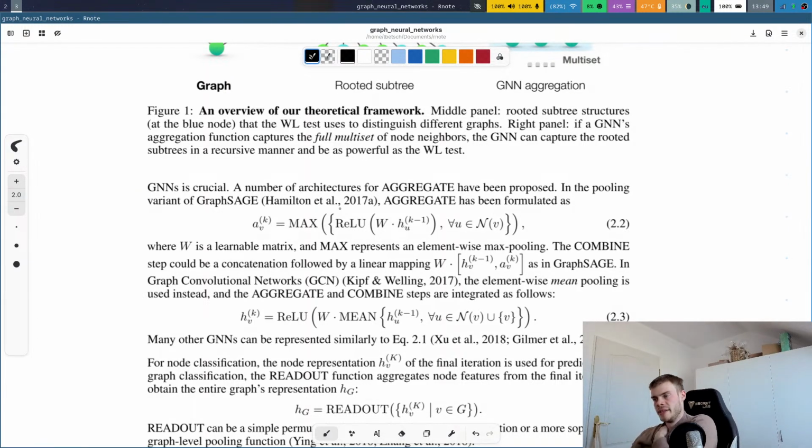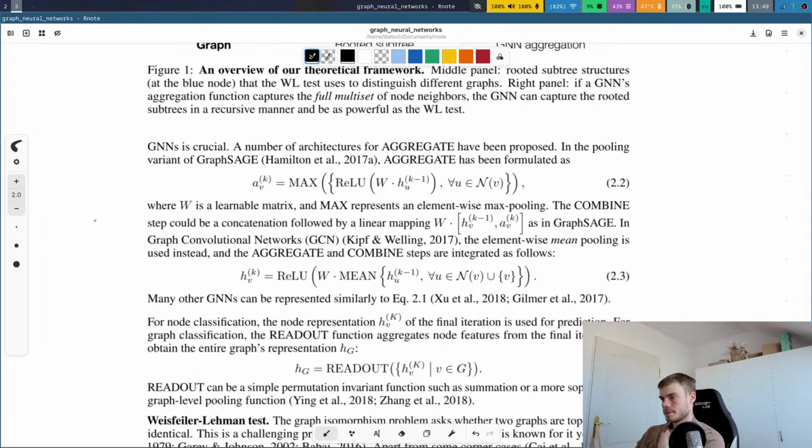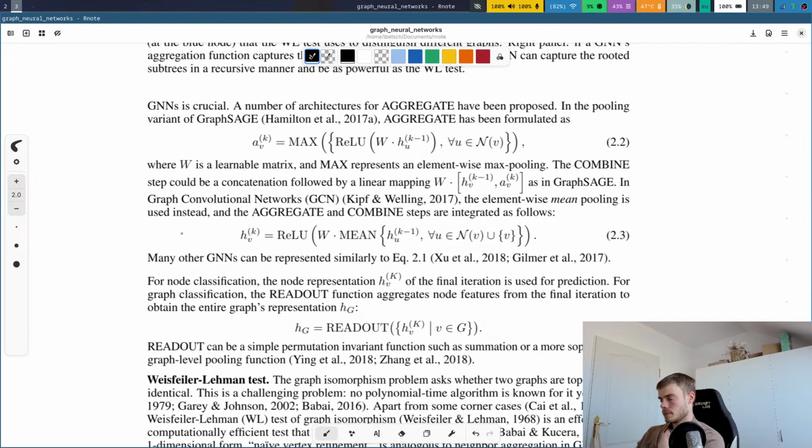The combine step could be a concatenation followed by a linear mapping, as in GraphSage. In graph convolutional networks GCN, the element-wise mean pooling is used instead. And the aggregate and combine steps are integrated as follows.